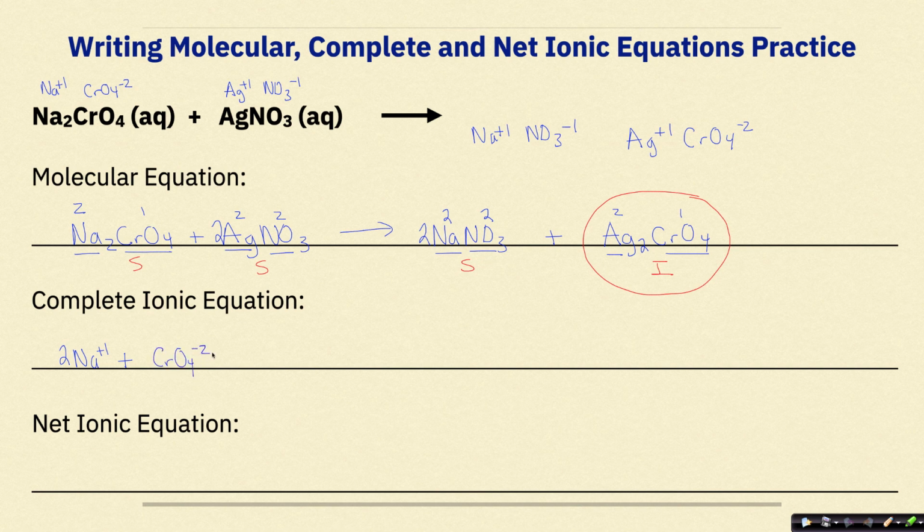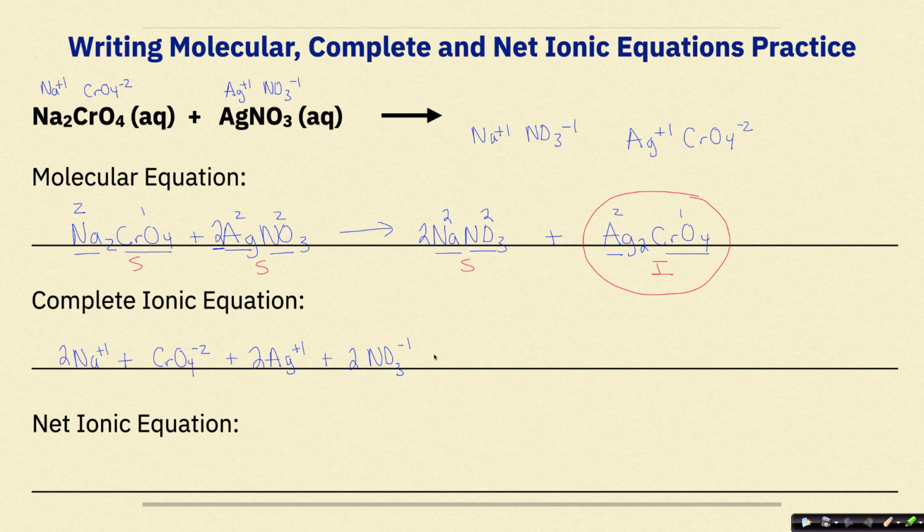CrO4 -2 plus 2Ag+1 plus 2NO3 -1. Now you might be saying, Dr. English, why do you need the 2 in front of the NO3? This isn't parentheses. But don't forget about this 2 out in front here. This 2 is distributive. So it means 2 moles of Ag, 2 moles of NO3 -1.